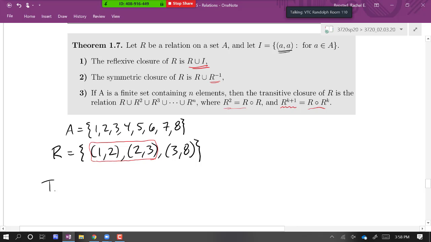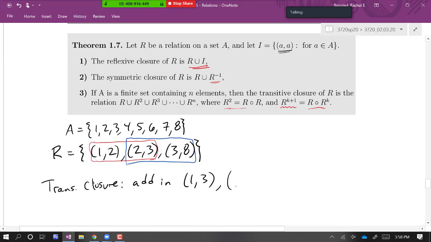Yeah. So with transitive closure, we're going to add in the pair 1 related to 3. Also, we could look up here and say 2 is related to 3 and 3 is related to 8. So given those pairs, what would we need to add? 2 and 8? Yep.